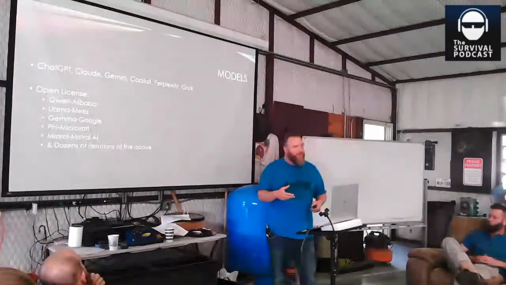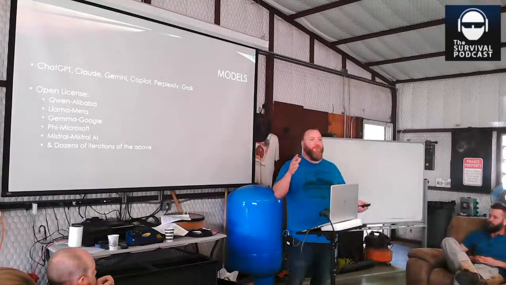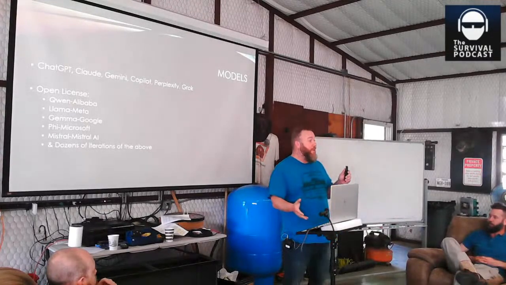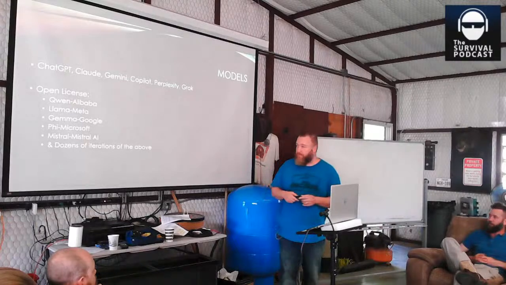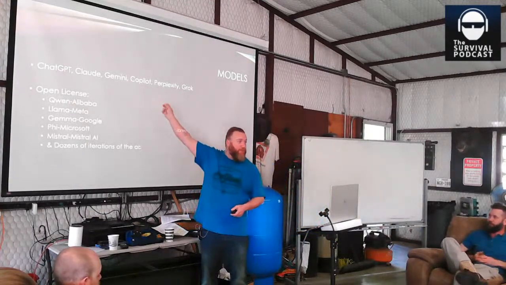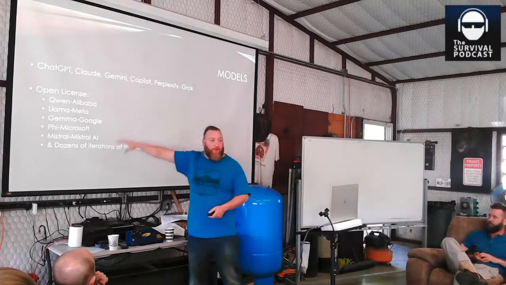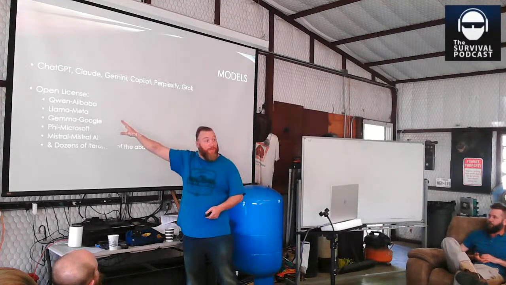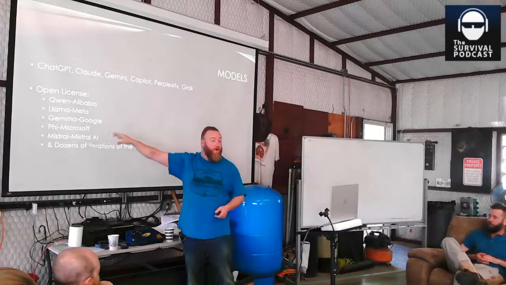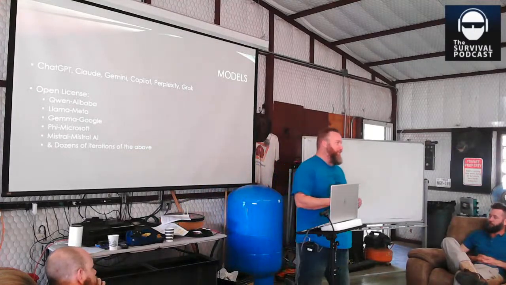You can actually do something I'll talk about in a minute, which is change some weights, even taking away things like censorship. These are less powerful, right? And you need your own hardware to make them work, but you can use them in the privacy of your own home. Okay.